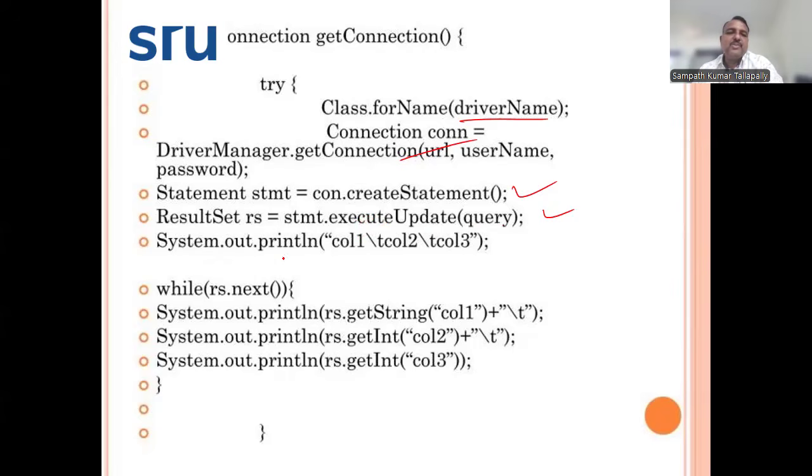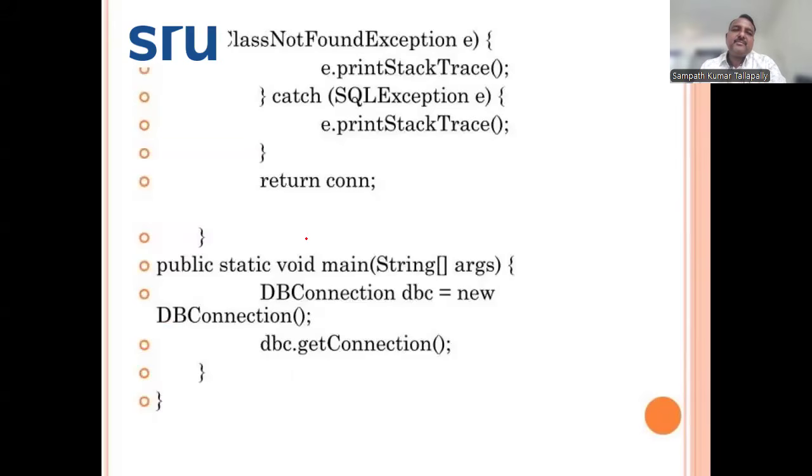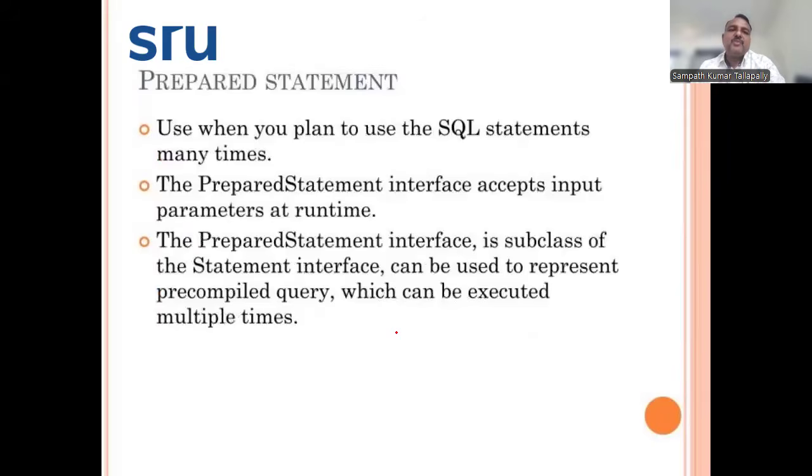So we use a while loop here, which iterates and extracts all the rows in the object. And then this is the main method where we call that method and establish the connection, where we can see the output of my program.